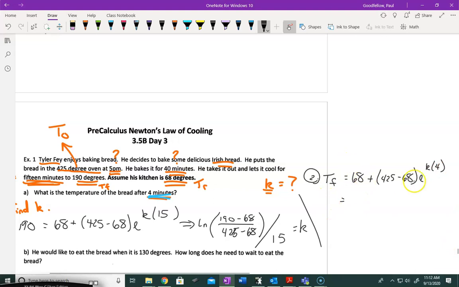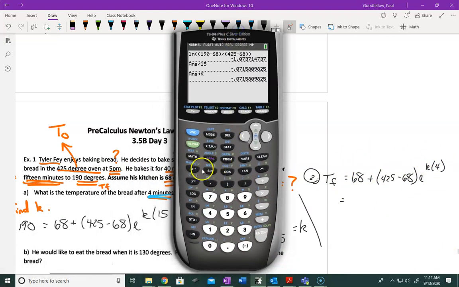Ultimately, everything on this side of the equation is just plug and chug. 68 plus, and this ensures that the actual answer, no matter how low it gets, will never go below 68 degrees because that's the room temperature. That's why that decay never gets lower than 0, never becomes negative in this case.